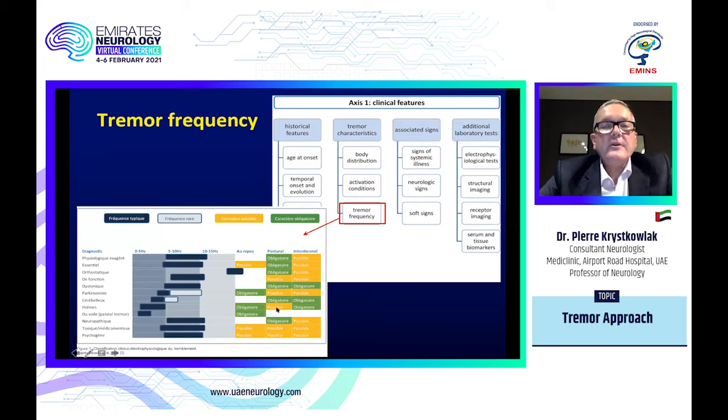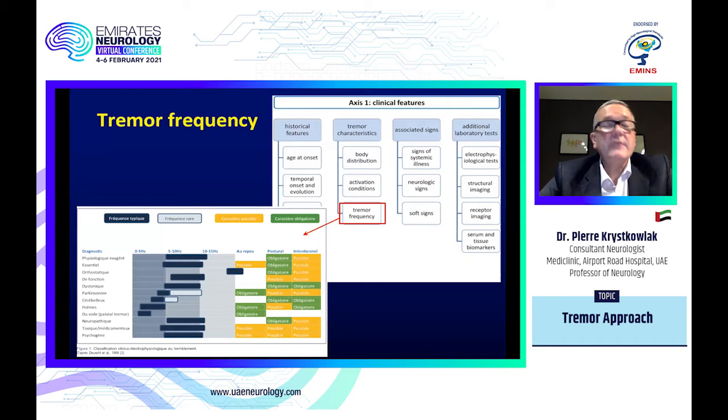So finally, tremor frequency is not that helpful, because most of the tremor associated with an organic condition are between 4 and 8 to 10 hertz, but only very unusual tremor like orthostatic primary tremor, it's at roughly 13 hertz.